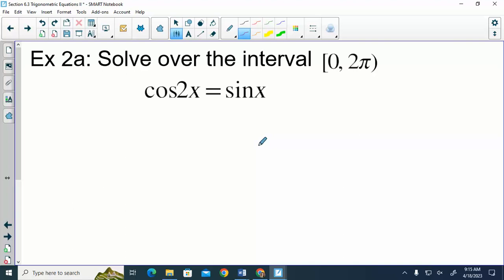If you think about last chapter, your flip chart, cosine 2x, that's a double angle. Don't we have a double angle formula for cosine? I think we have 3, actually. When you're choosing your formula, since my other trig function is a sine, we need the formula that only involves sine.